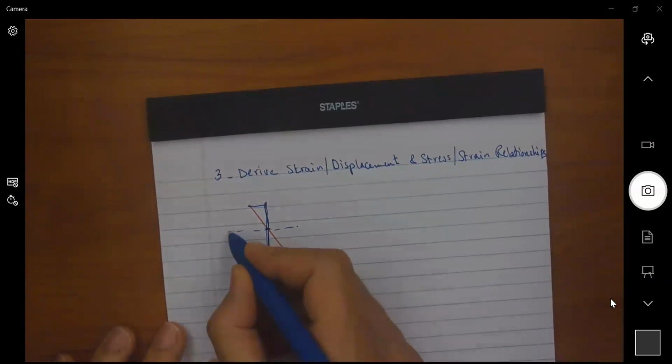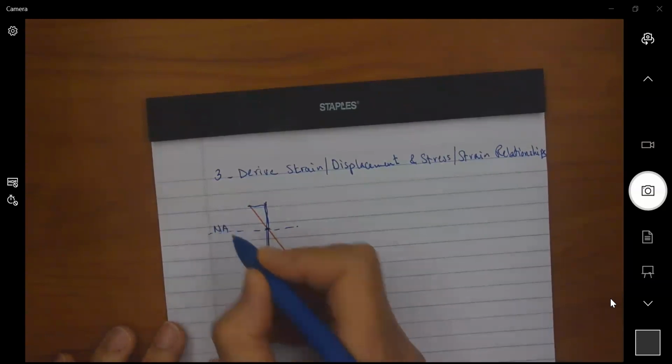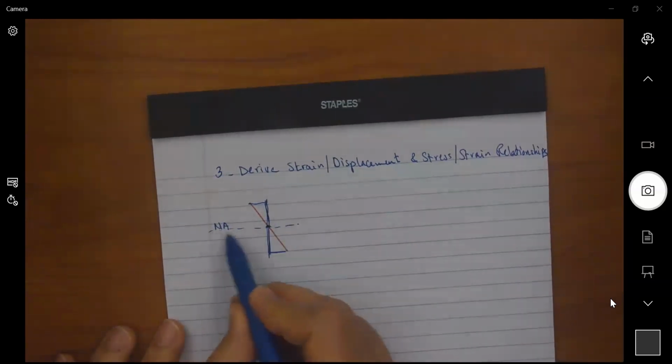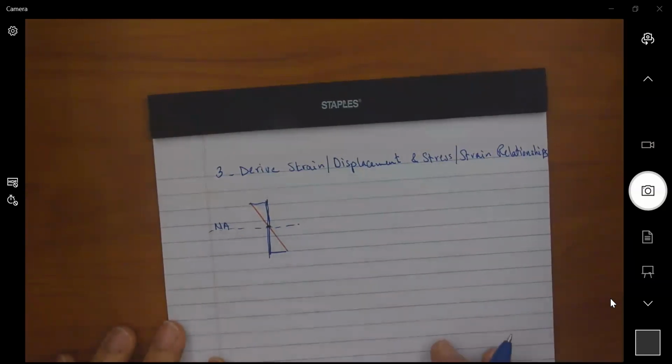This is the neutral axis, right? And this is a section. So what I'm looking at, of course, more correctly, is a neutral surface, not a neutral axis. And if bending is happening about the z-axis, the neutral surface would be in the xz plane.